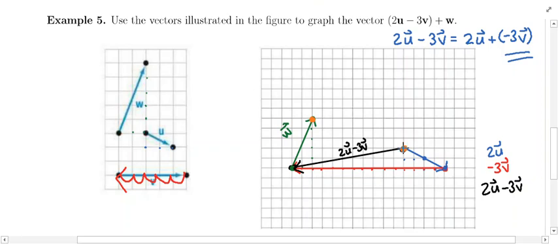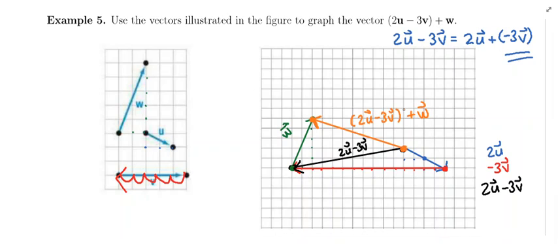So we will draw from this orange point to this orange point, and the arrowhead will be on the terminal point. This orange vector right here is the final answer, 2u minus 3v plus w. That was a great example of using all the operations in one problem.